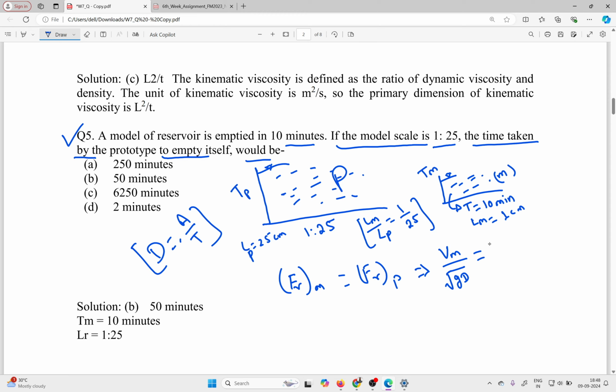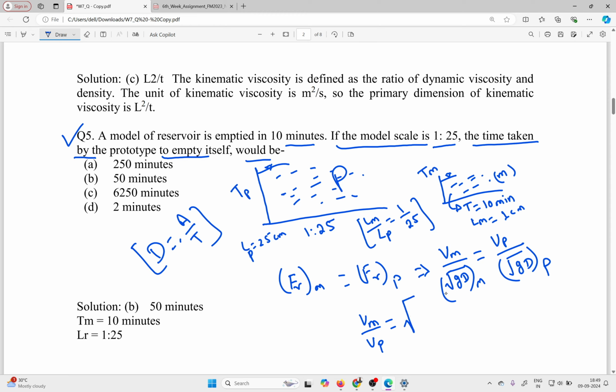Equal to this, and the velocity of prototype divided by root g D of prototype. So let me first find out the ratio Vm by Vp.